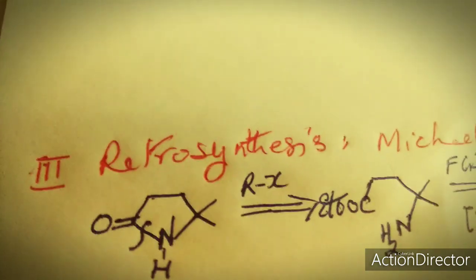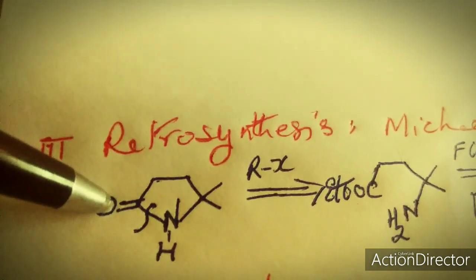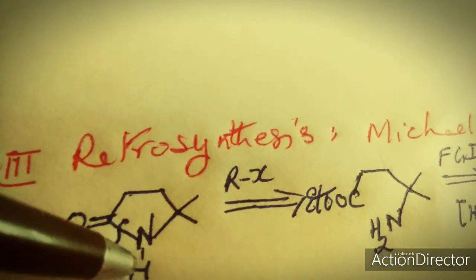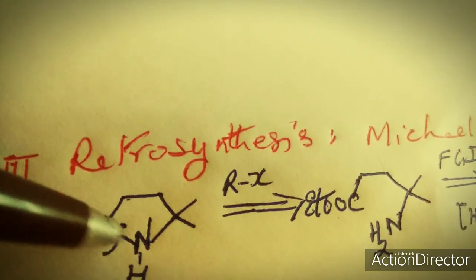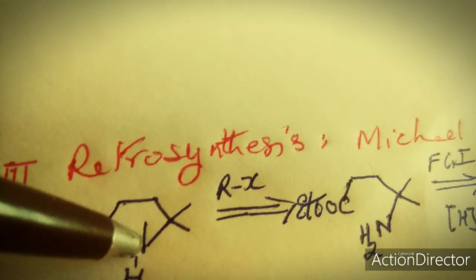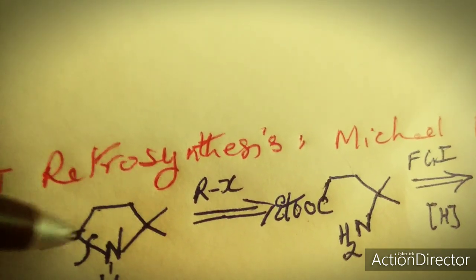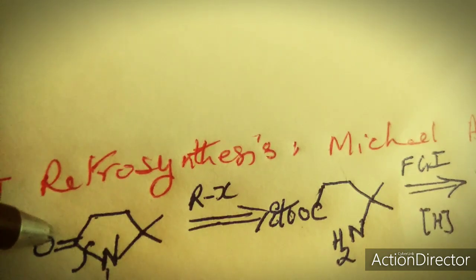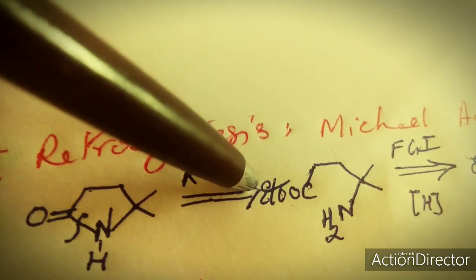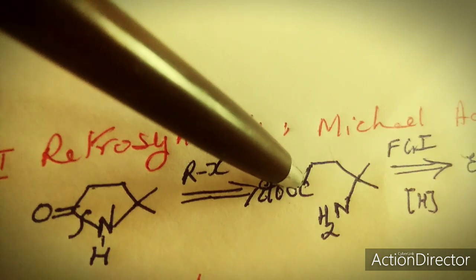Michael addition. Now here we have this CO, a 1, 2, 3, 4, 5 membered ring with NH at this end. So let's disconnect it, C-X disconnection. This is carbon over here, this is X, the heteroatom, which will lead to CO stabilized to this COOEt, the ester, because this will be carbon positive.